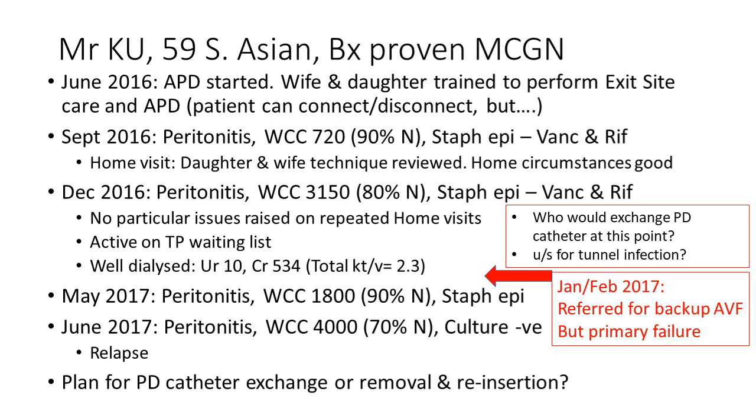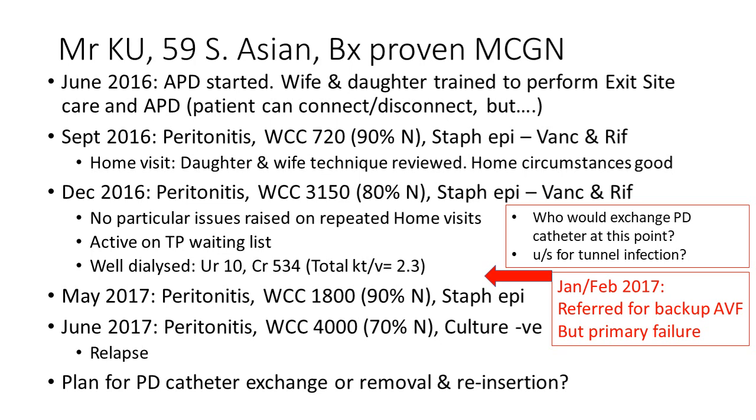So actually, I don't know if it's the right thing or the wrong thing, but what I did is I referred him for a backup fistula in the hope that he would have a functioning fistula if, and when, he has another episode of peritonitis. And at that point, if I could remove his PD catheter, he could transition smoothly to hemodialysis via a fistula whilst waiting to decide whether he wants to come back to PD.